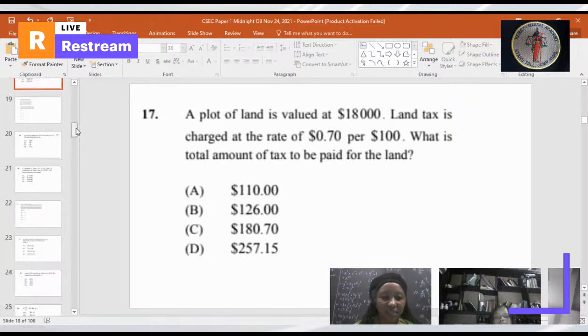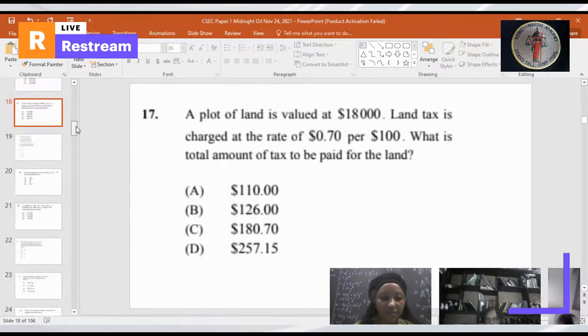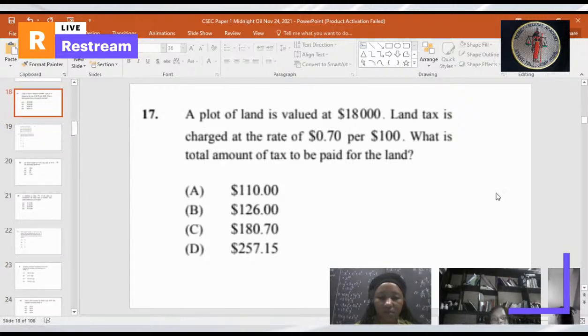Imani, number 17. A plot of land is valued at $18,000. Land tax is charged at the rate of 70 cents per $100. What is the amount of tax to be paid for the land? What I would do is divide 18,000 by 100 and then multiply it by 70 cents.